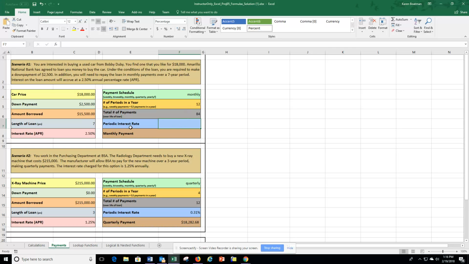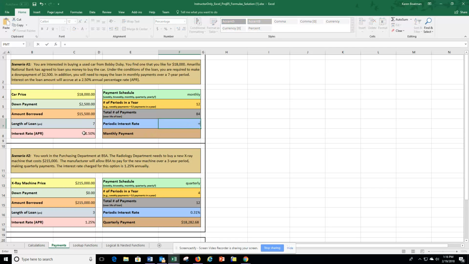So periodic interest rate. Remember back when I told you about functions or payment functions in Excel 4? Well, here's the opportunity where we need to go in here and take our annual percentage rate and divide it by the number of payments in that year. So we have the 12. So this is an equals.